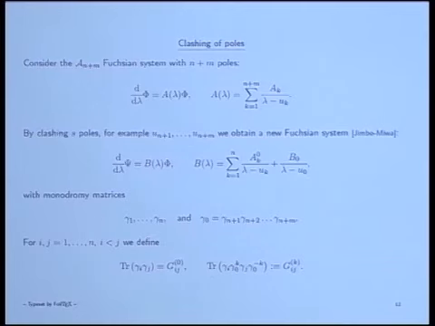And the new monodromy matrices, so now I get a new Fuchsian system. This has n plus 1 finite poles and 1 at infinity. And the new monodromy matrices are the first n monodromy matrices of the original system and one new monodromy matrix, which is the product of the previous last m monodromy matrices. Okay? It's a very simple picture if you think about it.